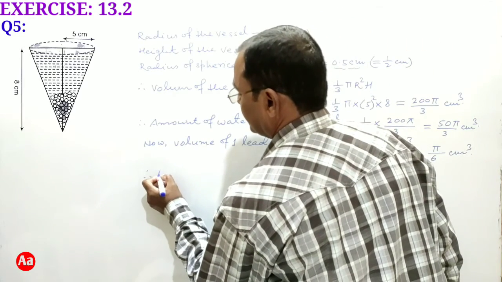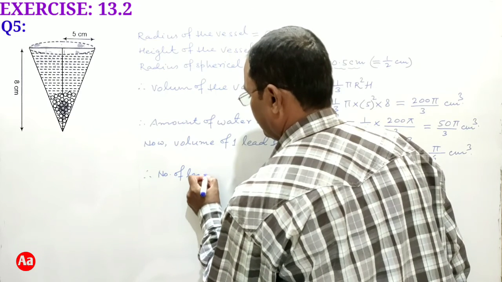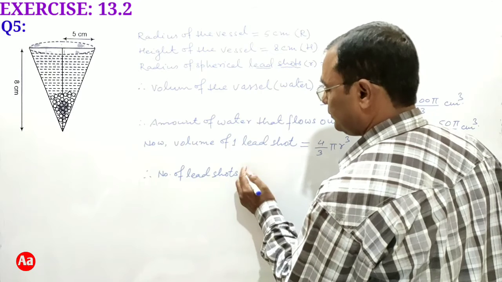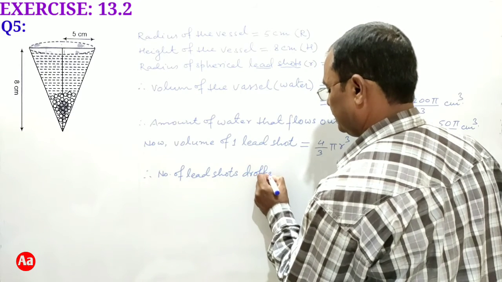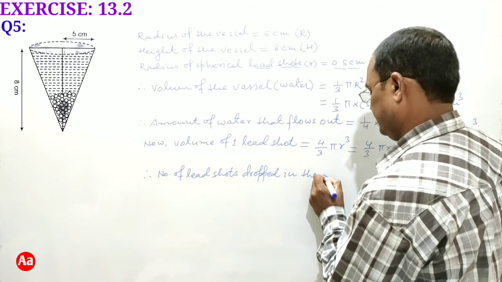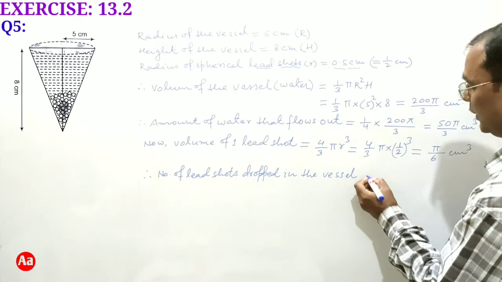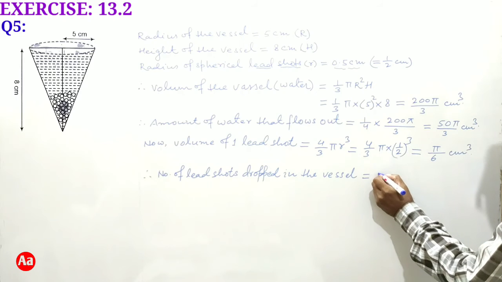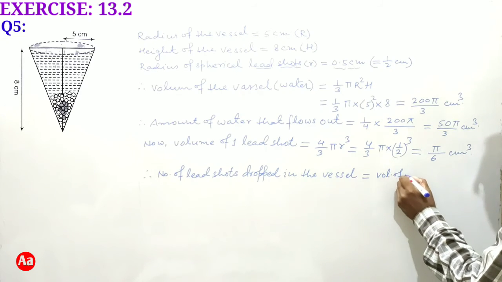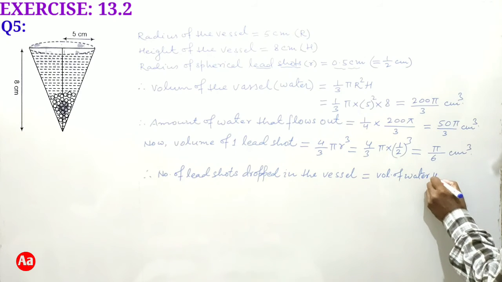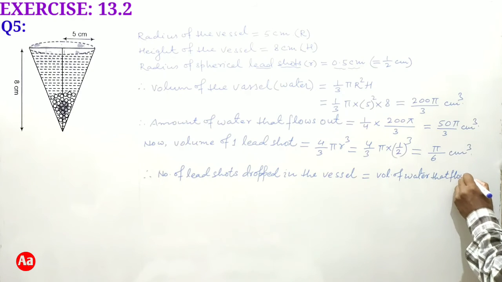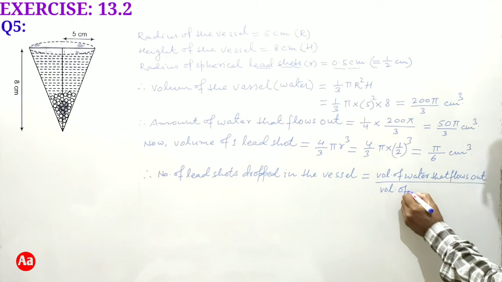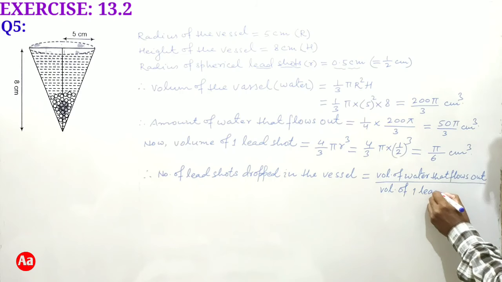Therefore number of lead shots dropped in the vessel is equal to volume of water that flows out divided by volume of one lead shot.